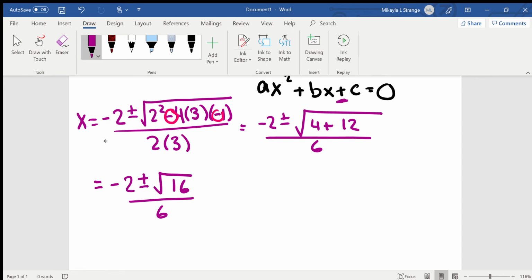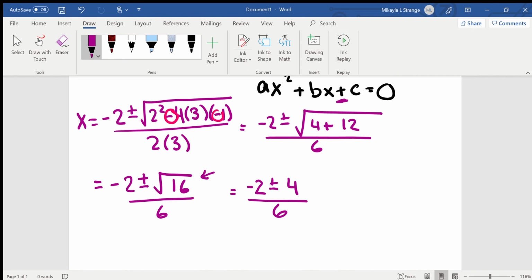We got lucky. 16 has a perfect square. While I rewrite this, I'm going to let you think of what it could be. So this is going to be 4, because 4 squared is 16.